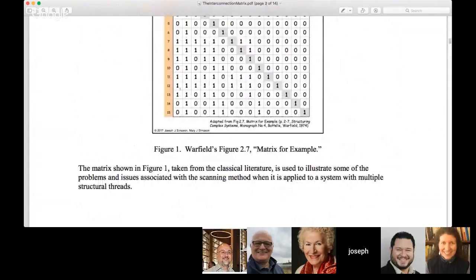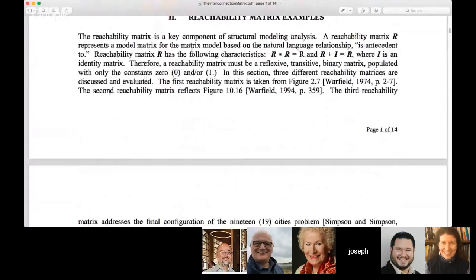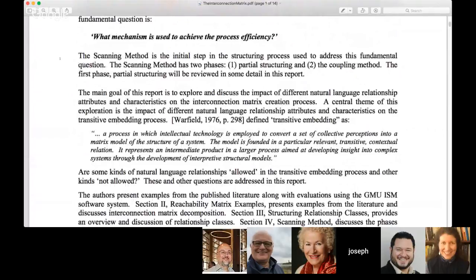Let's go back to the front here. Now, can you see this, a process, right? A process in which intellectual technology converts a set of collective perceptions to a matrix model of the structure of the system. This model is founded on a particular relevant and transitive contextual relation. The contextual relation is the natural language relationship.